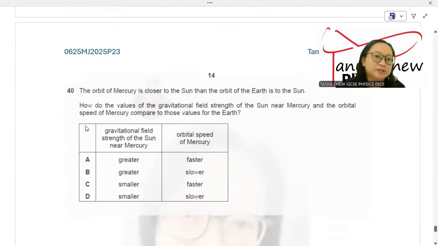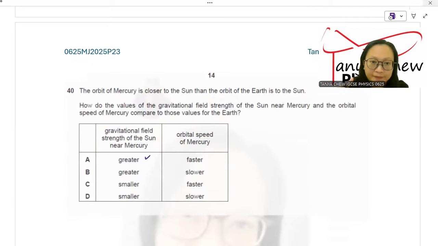And number 30, the orbit of Mercury is closer to the sun than the orbit of the Earth is to the sun. How do the values of the gravitational field strength of the sun near Mercury and the orbital speed of the Mercury compare to those values for the Earth? Right, so the gravitational field strength of the sun near the Mercury will be greater because Mercury is closer to the sun.